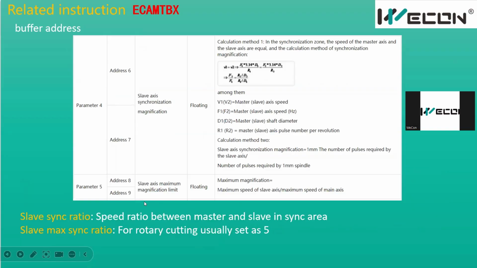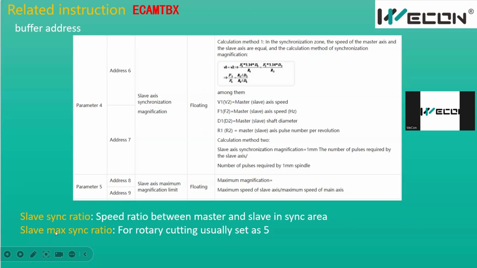But the PPR of the feeding axis and the cutting axis may be different, and also the diameter of the feeding axis and the cutter axis will also be different. So we need to do some calculation to make sure in the sync area the master and the slave will have the same speed. And this is some formula about how to calculate it, and I will show it later with the parameter.